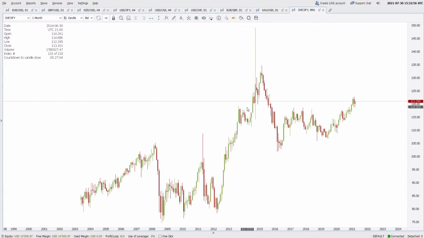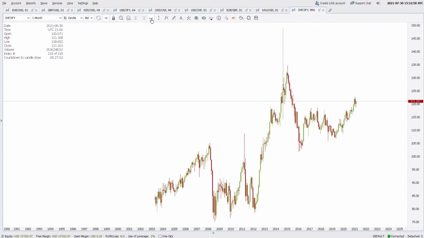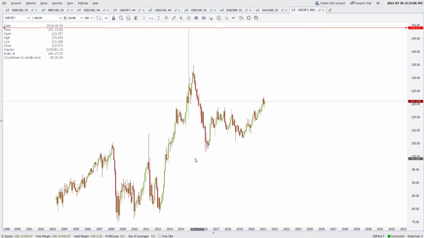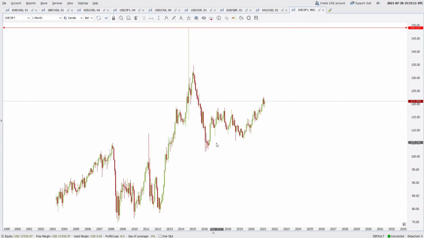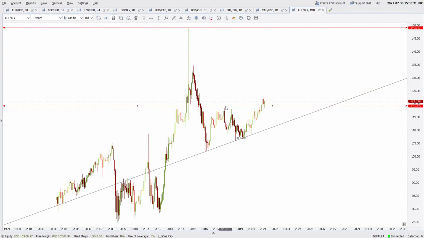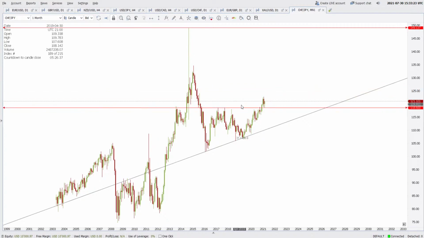Okay, the chart has loaded for me. It says that the price made a high of around 149.13 in the month of December 2014, so we don't need the information that far back, but we need this information. All right, and yes, the price has broken out of this resistance.